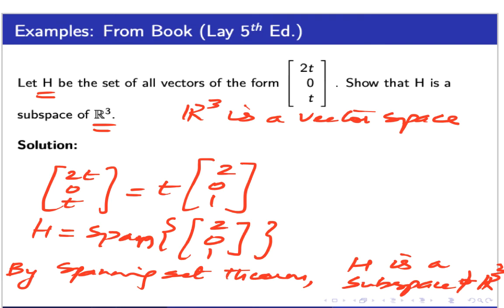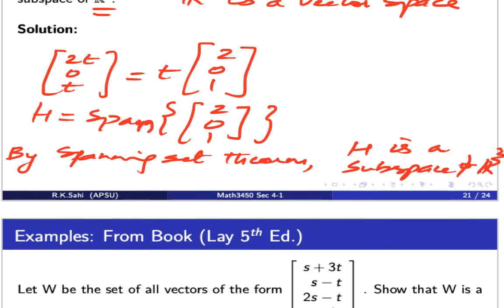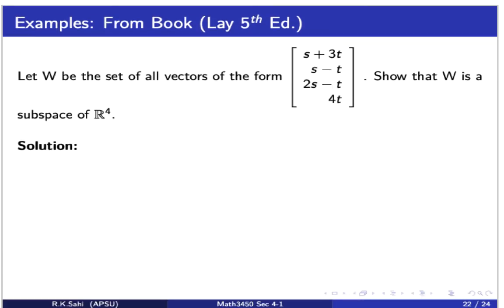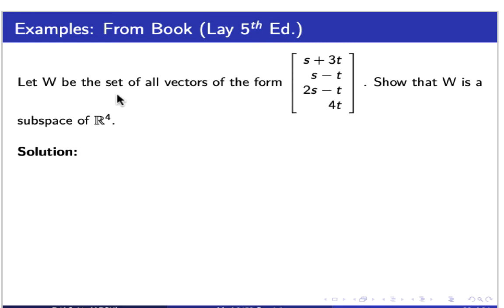Okay, let's look at another example. Let W be the set of all the vectors of the form (s + 3t, s - t, 2s - t, 4t). We want to show that this W is a subspace of R4.